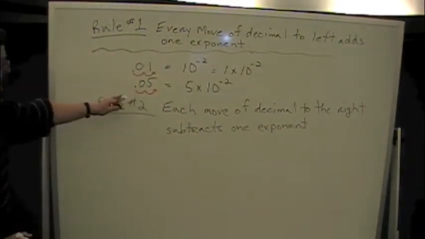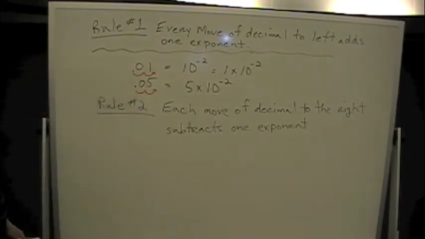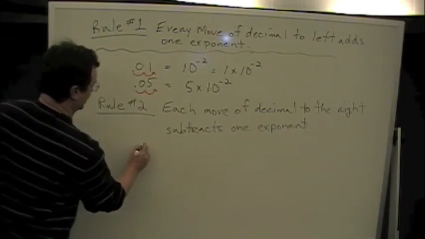So in other words, every time you move the decimal to the right, you reduce the power of 10 by 1. Okay. So let's try one here.